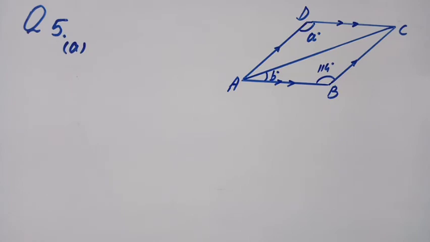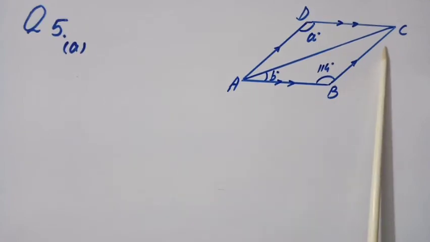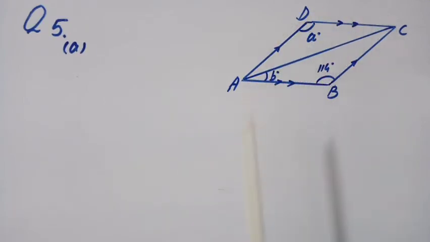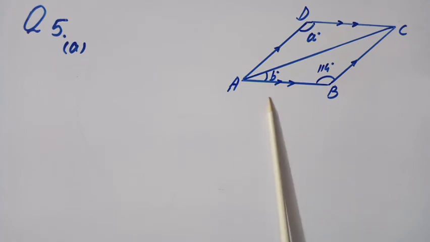You know, the rhombuses are the quadrilaterals where all the sides are equal in measurement with one another and the opposite angles are equal to one another in measurement, right? So these angle properties of the rhombus we will use to find out this and this unknown angles over here.